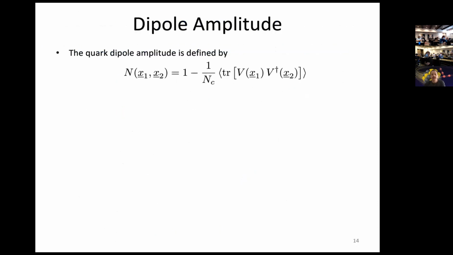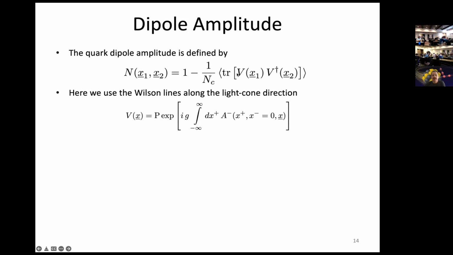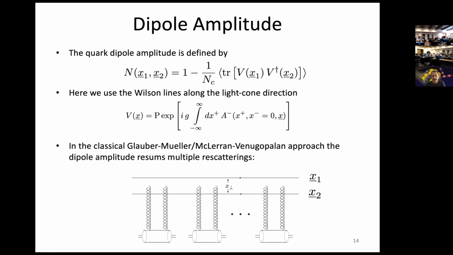Okay, if you want to do a bit more of an operator discussion, one can define this dipole amplitude like this, as 1 minus a trace of 2 Wilson lines. So let me maybe show the full picture here. Again, what we want to do is calculate a quark-antiquark scattering on a target. We're talking about a high energy approximation without recoil.